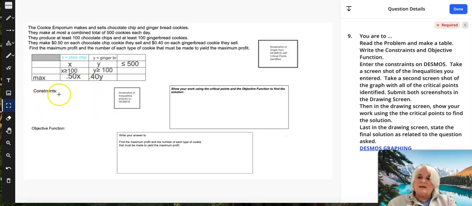Okay, so now my constraints are going to be X plus Y is less than or equal to 500. So I hope this doesn't keep small. No, it is. X plus Y is less than or equal to 500.